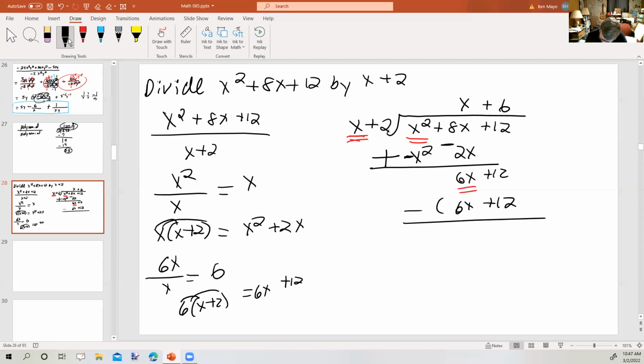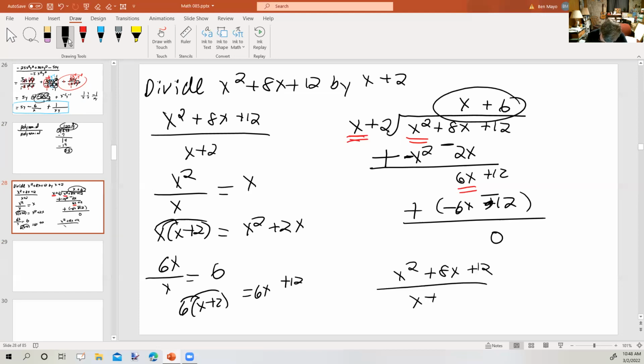I'm going to subtract that quantity from what's up above. I'm going to change it to addition of the opposite and add them up. I get 0 and 0. So there's no remainder. So my answer is that. So basically, x squared plus 8x plus 12 divided by x plus 2 equals x plus 6.